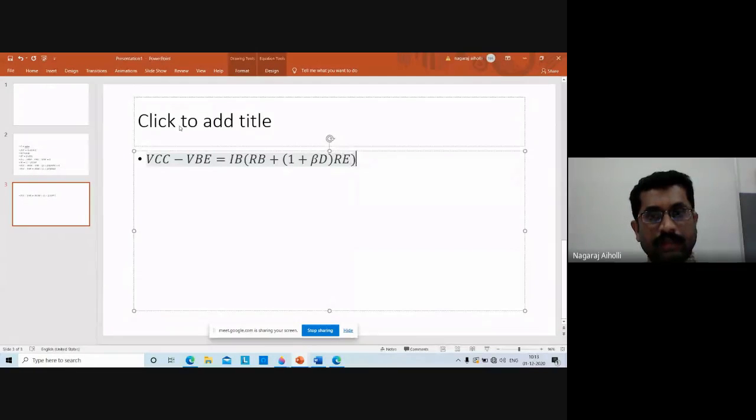Now find the equation for IB. Rearrange the terms.